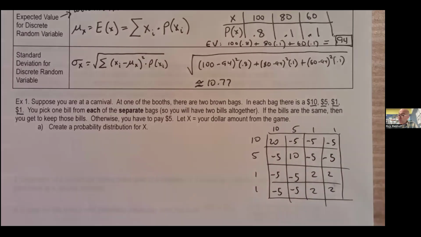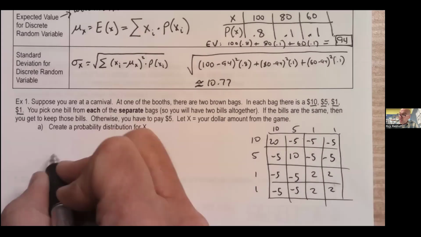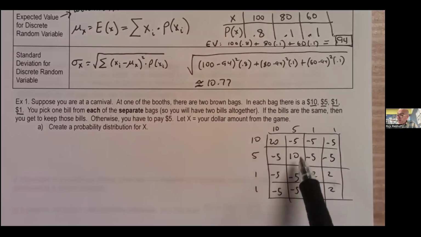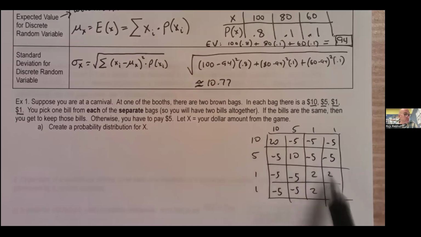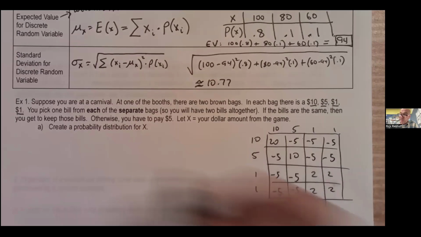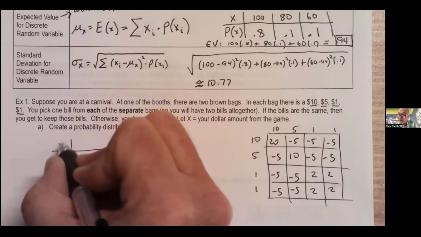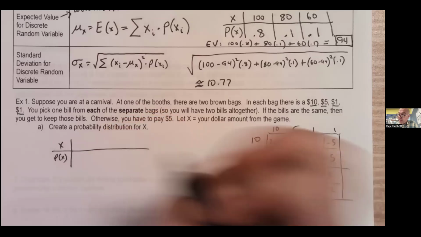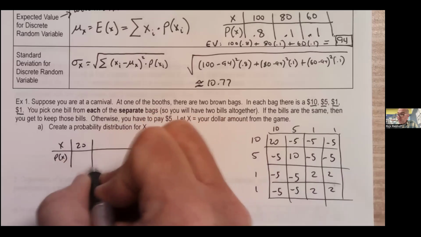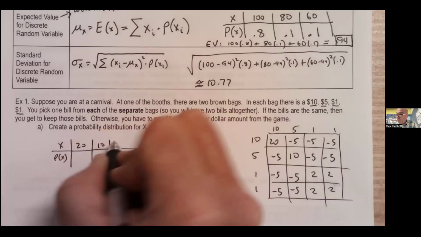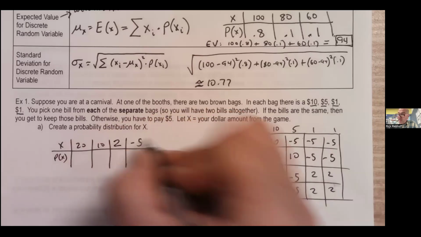And there we go. So what are our chances of winning? I could either win 20, 10, or $2, or I could lose 5. So it says create a probability distribution. That means X and probability of X. And my winnings could be 10 or 20 or 2 or -5.